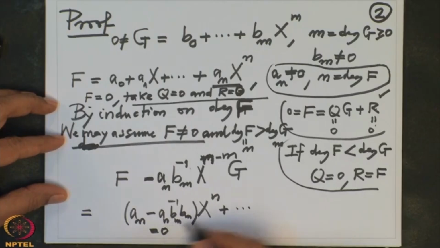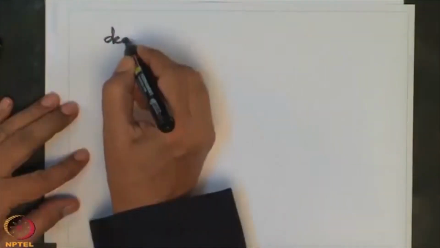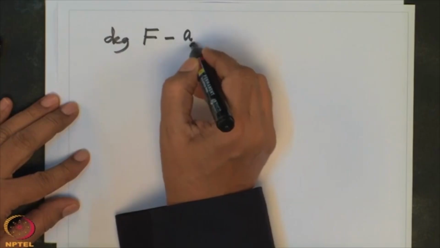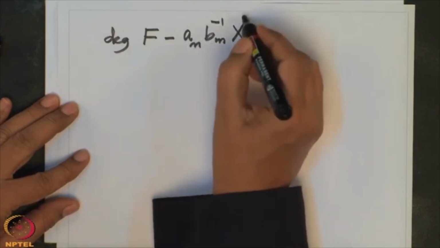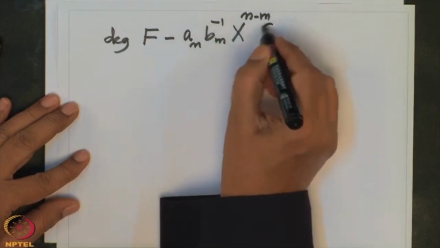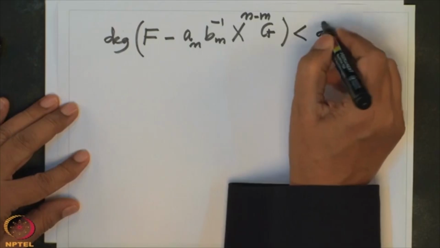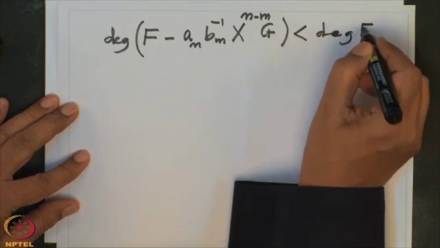Therefore, let me write the result: the degree of this polynomial f minus an bm inverse x power n minus m g, the degree of this new polynomial is strictly smaller than the degree of f.